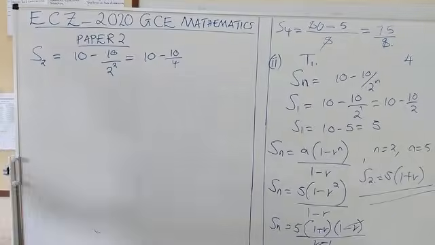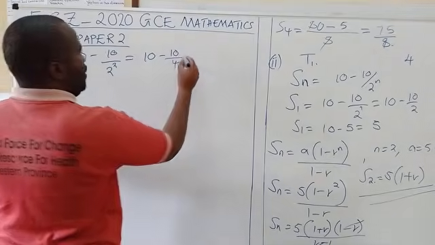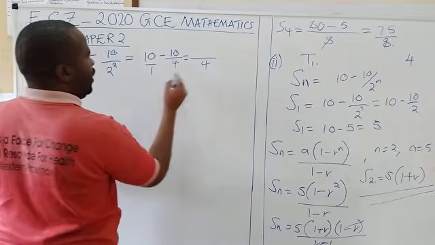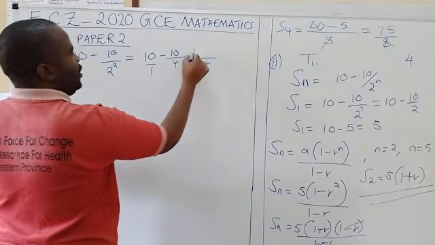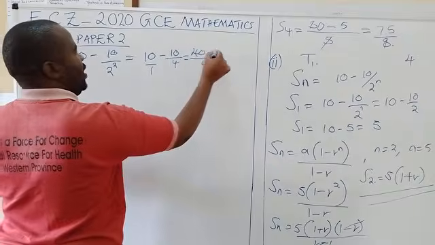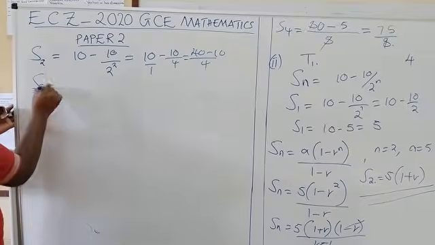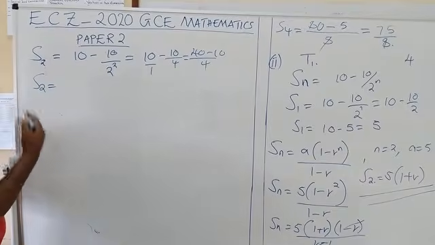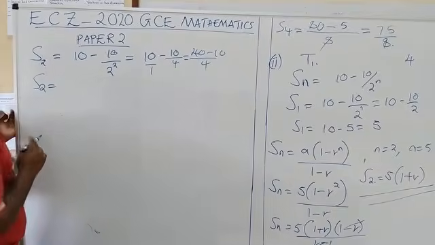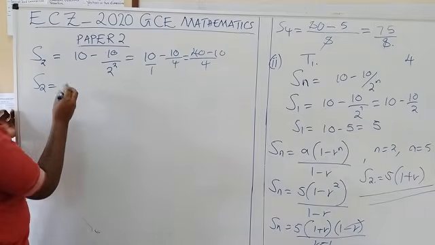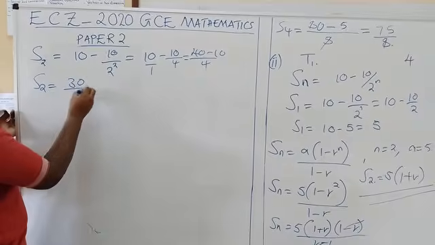Here we can combine this and say this is over 1, then our denominator will be 4. This by that is 40, minus this by that will be 10. So we say S2, the sum of the first two terms, is equal to 30 divided by 4.